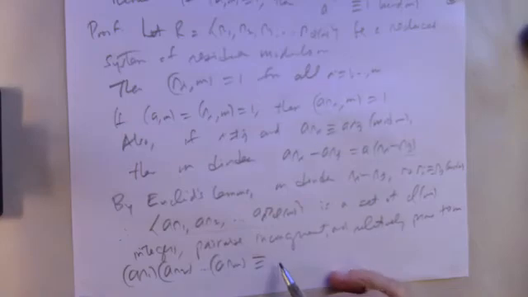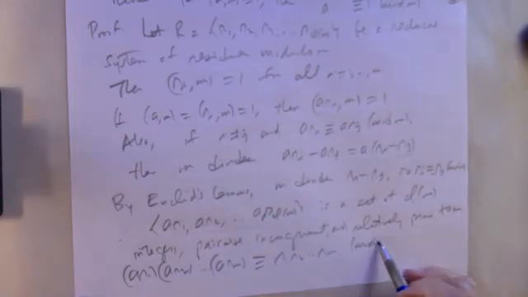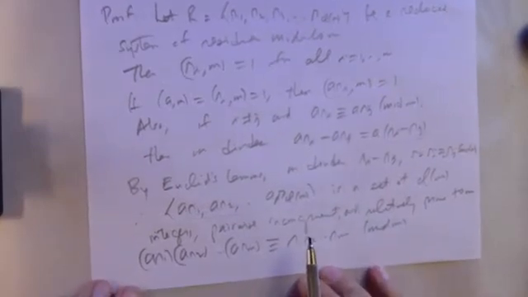So if I multiply all these together, A R1, A R2, up to A R sub phi of M, this is congruent to the product of R1, R2, up to R sub phi of M, mod M. But what do I have here?